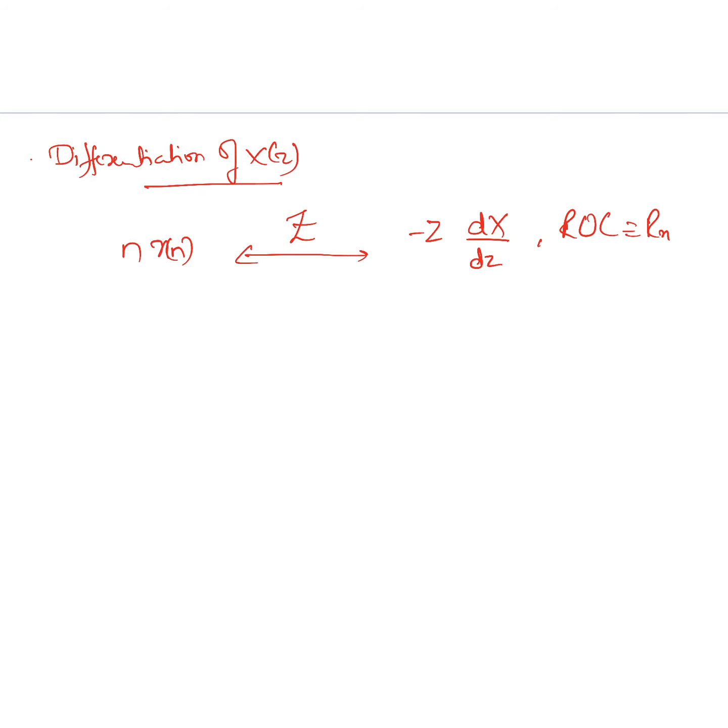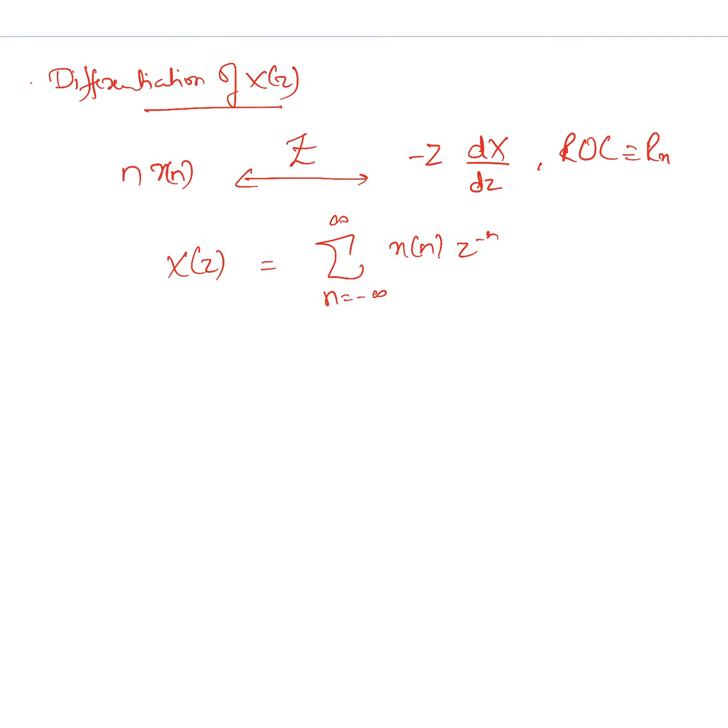Okay, we can quickly see a sketch of the proof of this property. We are given this X of z, which is computed as the sum from minus infinity to infinity of x of n z to the power minus n.